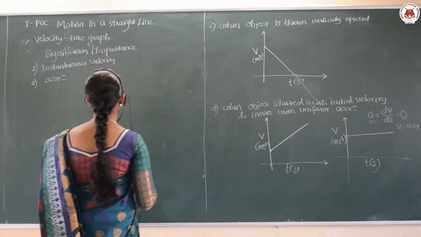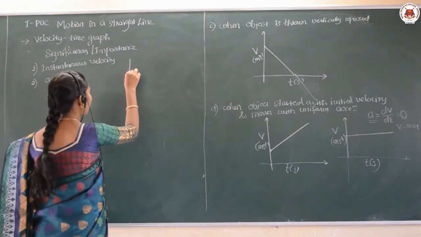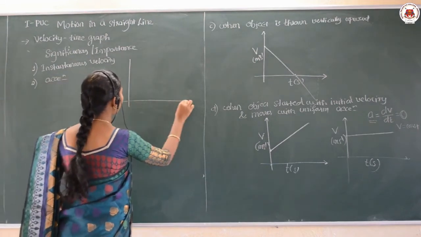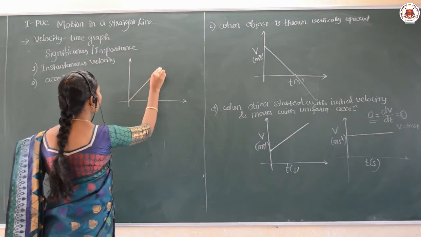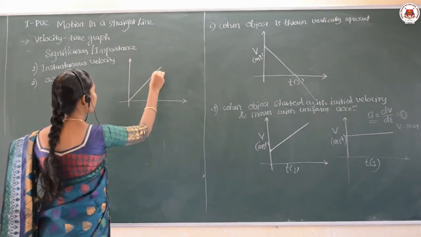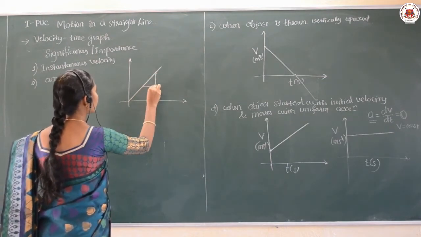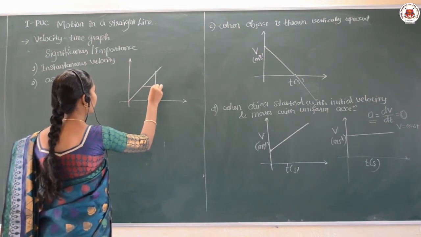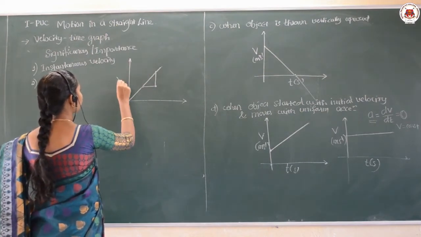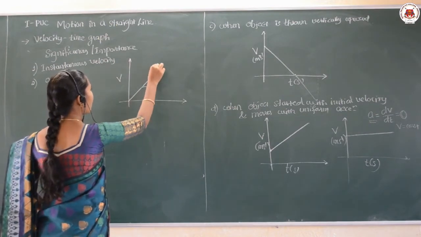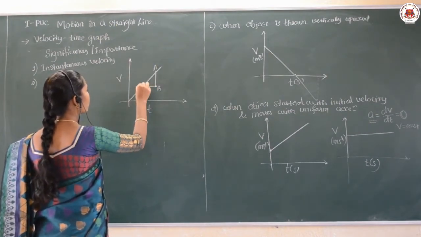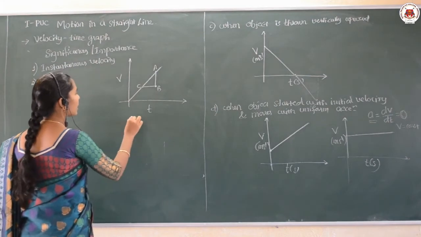And you can also give one point that if an object is moving with a uniform acceleration, then in the velocity versus time graph, earlier I told slope is denoted by tan theta.